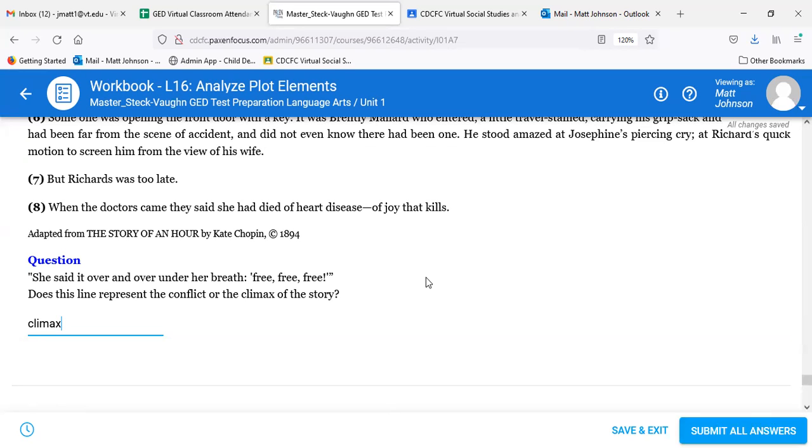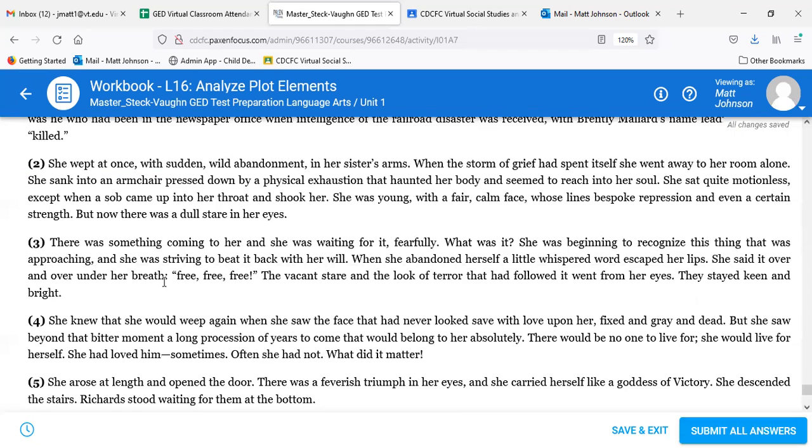How grand is it going to be? If it's an intimate story, about just one person or a small set of people, the climax might not be like winning World War II or something like that. It's a much more nuanced idea there.